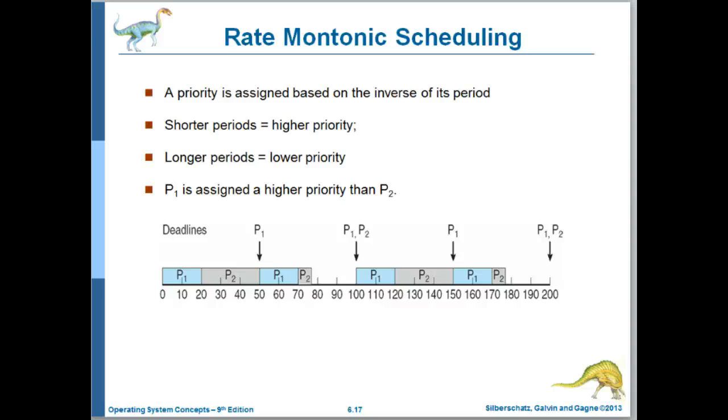As illustrated here, process 1 is being triggered twice as frequently as process 2, so process 1 has a higher priority than process 2, as demonstrated here. When the next event for process 1 occurs, process 1 preempts process 2, and it's not until process 1 completes that we resume process 2.